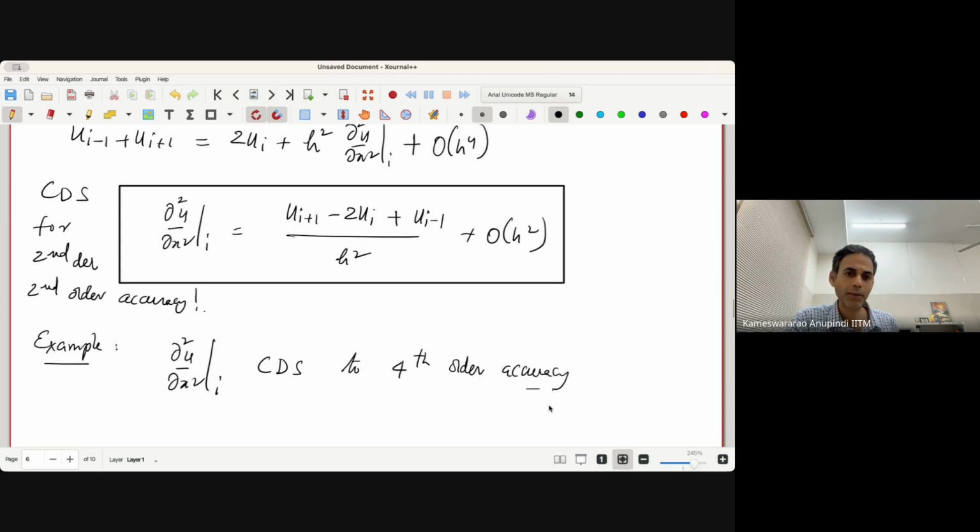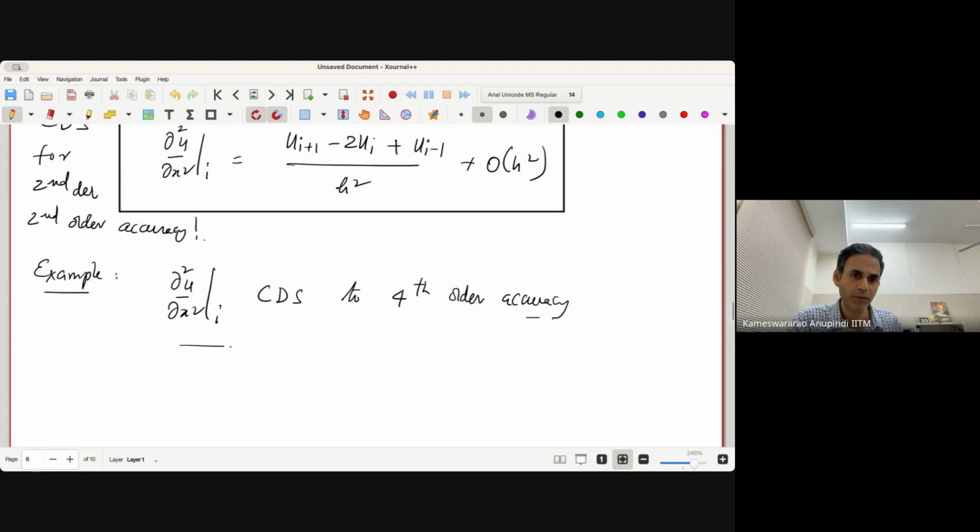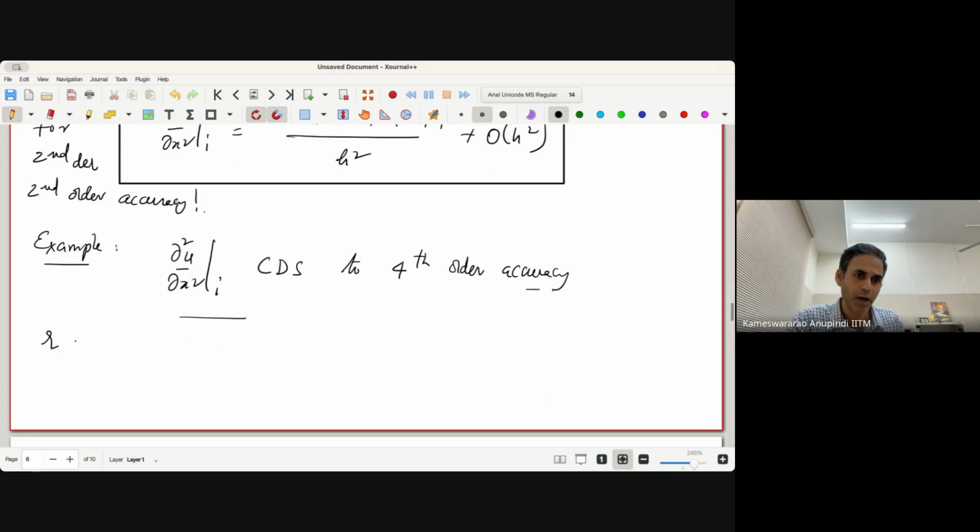Okay, now as we have mentioned, if you want the rth derivative to mth order accuracy, in general, if it is a forward difference or backward difference, then you need r plus m points.